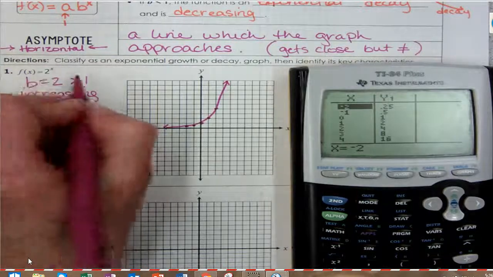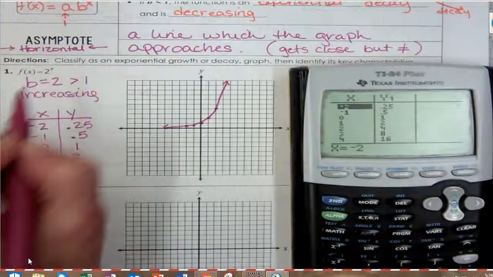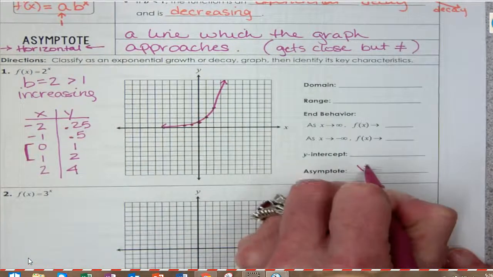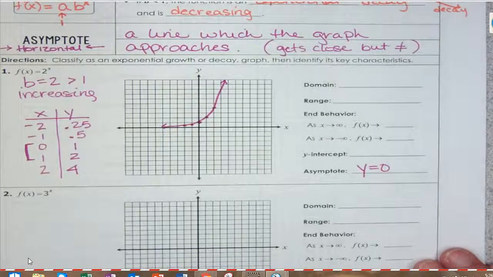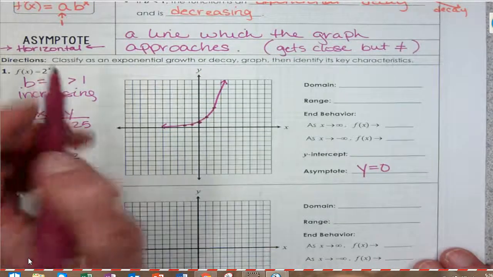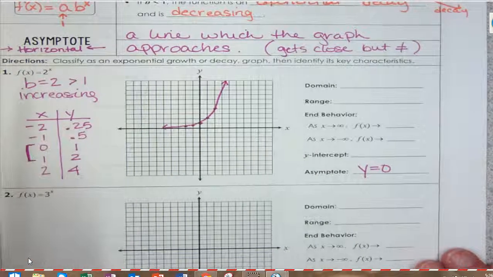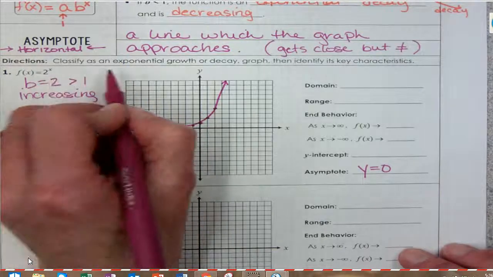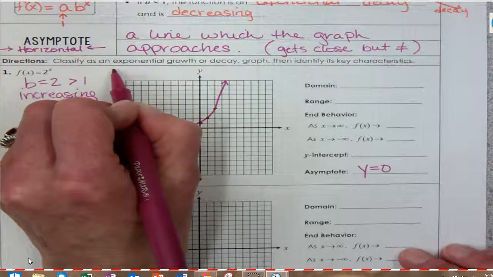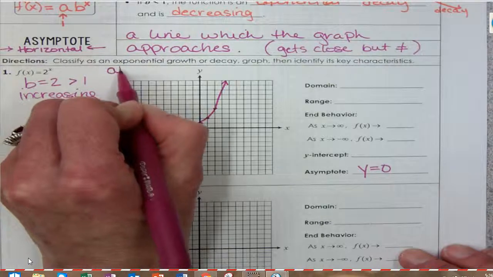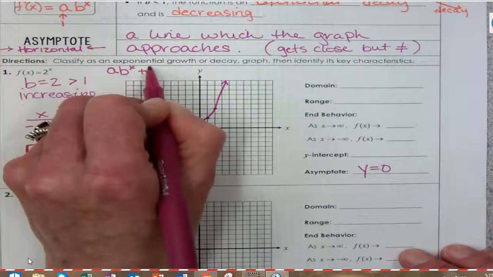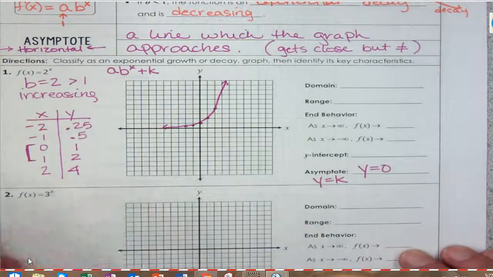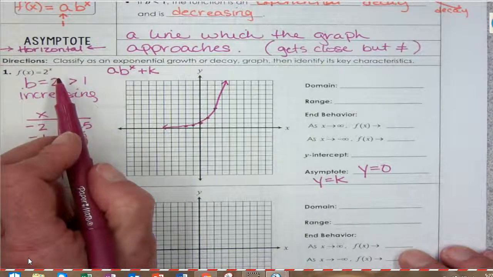Now, there is an asymptote at y equals 0. You guys are advanced enough to know that when we go to the next topics and start talking about transformations, if you look at a times b to the x plus k, the asymptote is y equals k. There is no k value here.